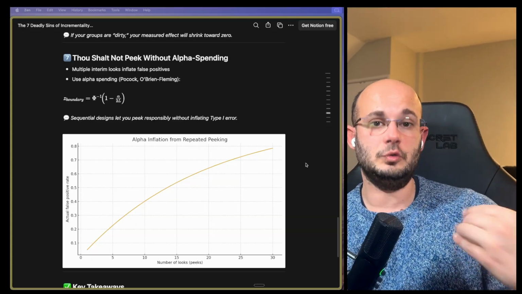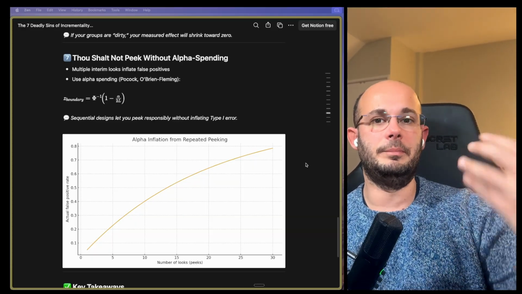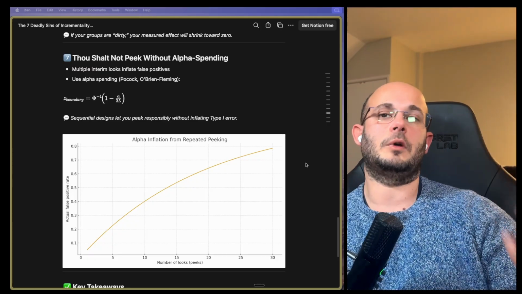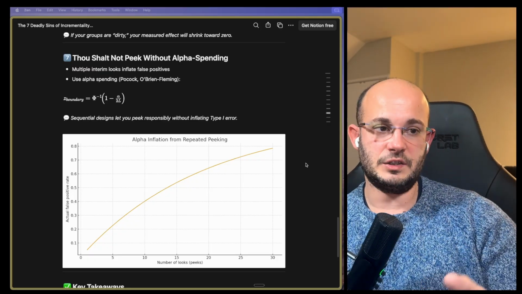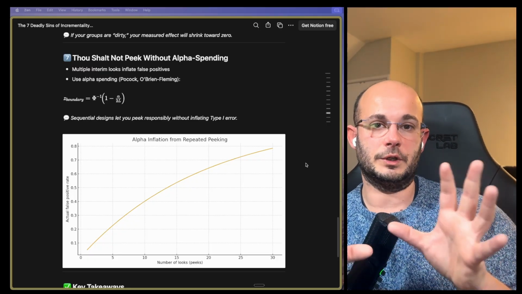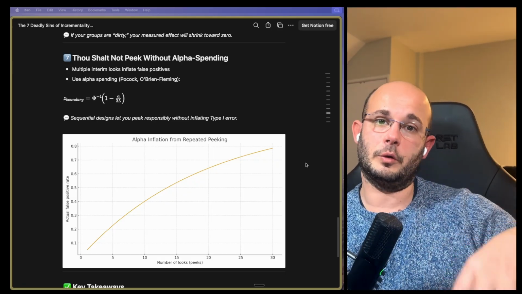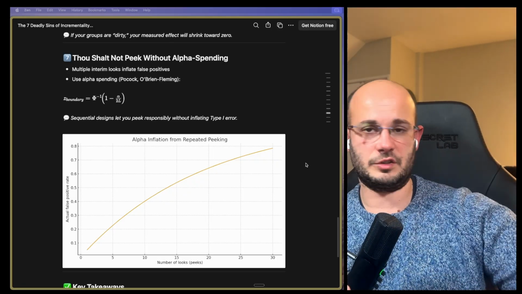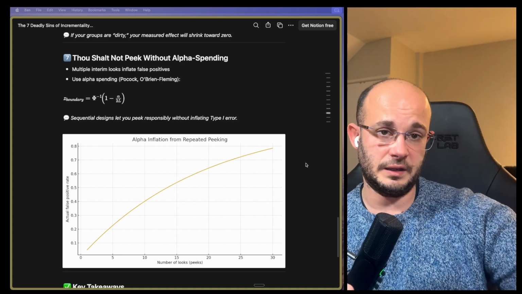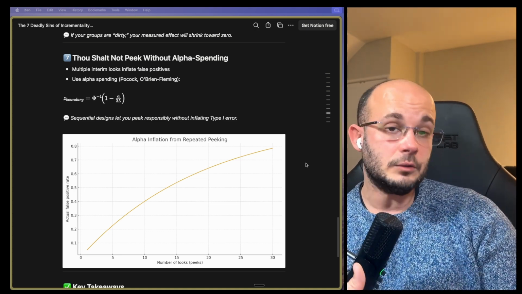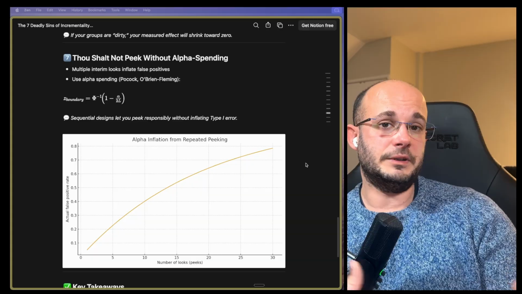Every time you do that, you have a probability of a false positive, which means you need to adjust. This is what's called alpha spending.